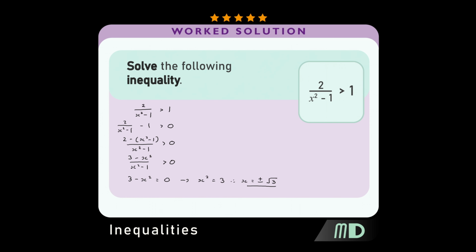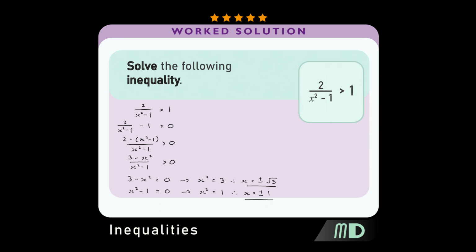And setting the denominator equal to 0 gives us x squared minus 1 equal to 0. Adding 1 to both sides gives us x squared equal to 1. So x is equal to plus or minus 1.